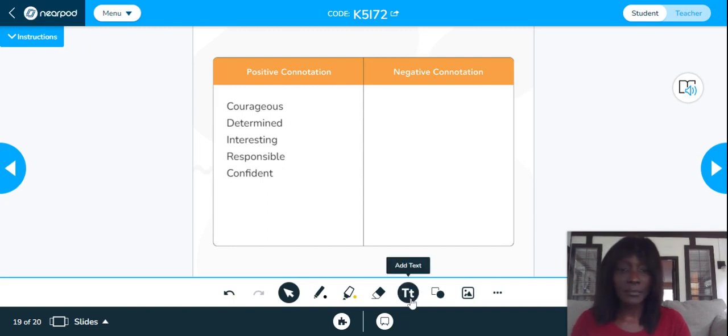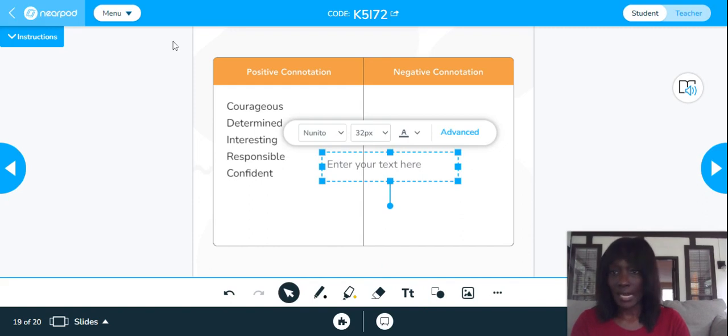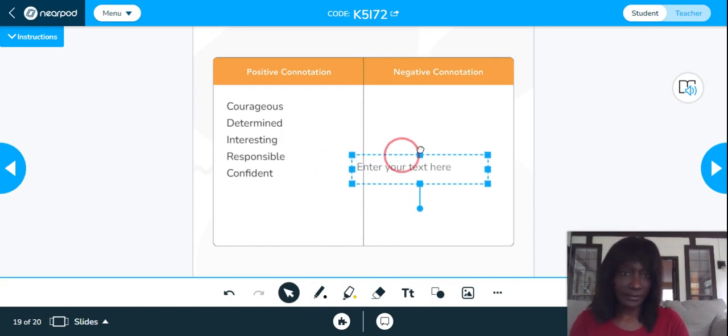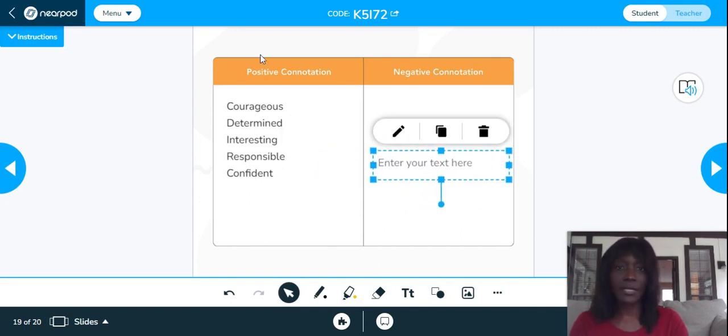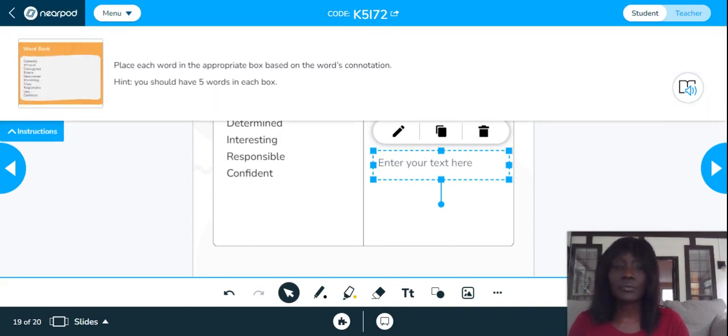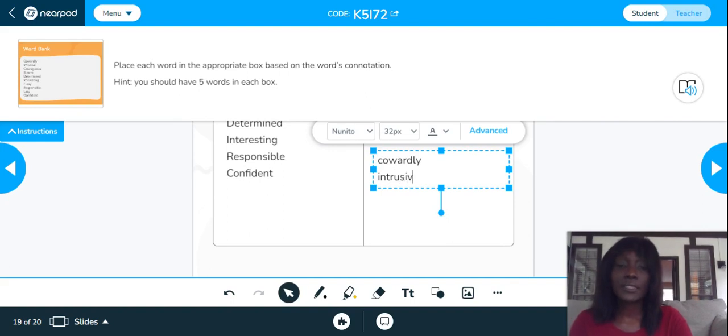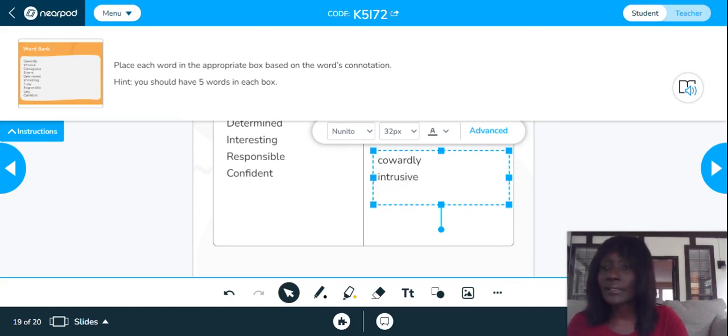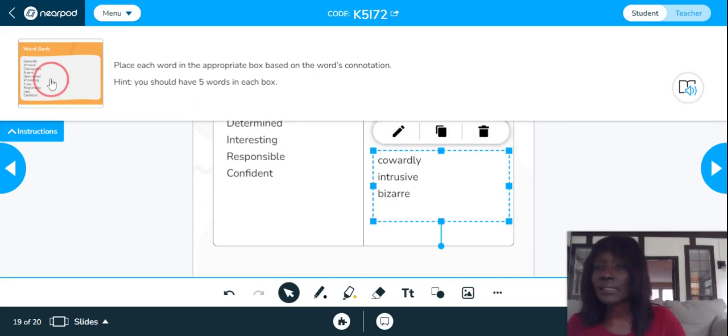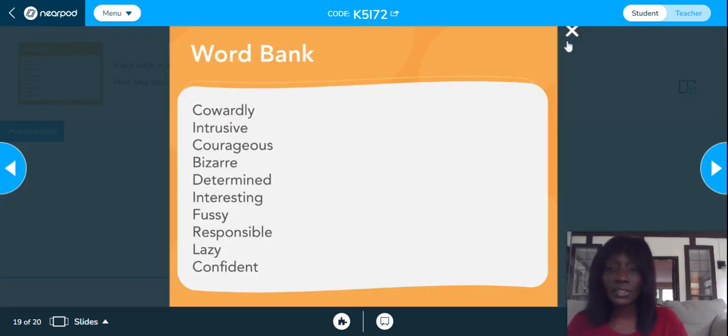So again, let me take my text box and move it into the area right up under negative connotation. And then I'm going to type in the words. Cowardly is one. That's the first word. Intrusive is the next word, I think. Bizarre is yet another negative connotation.